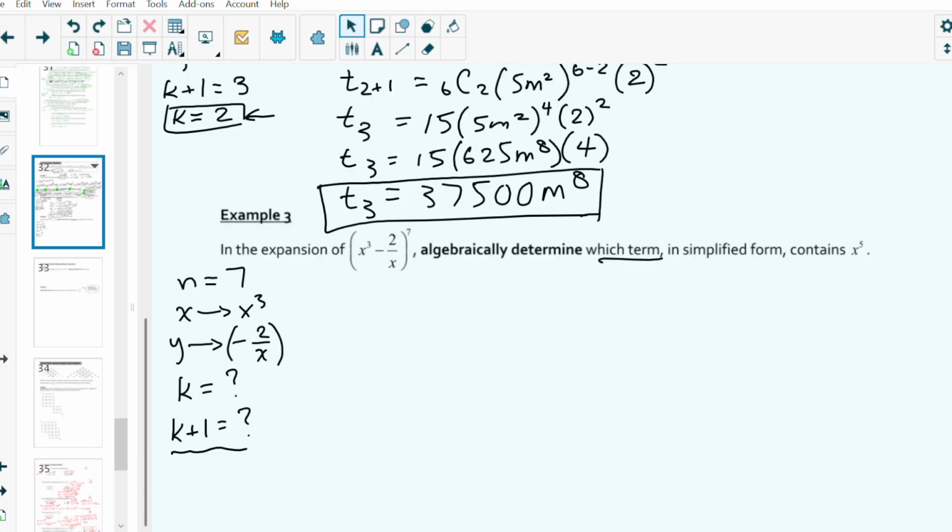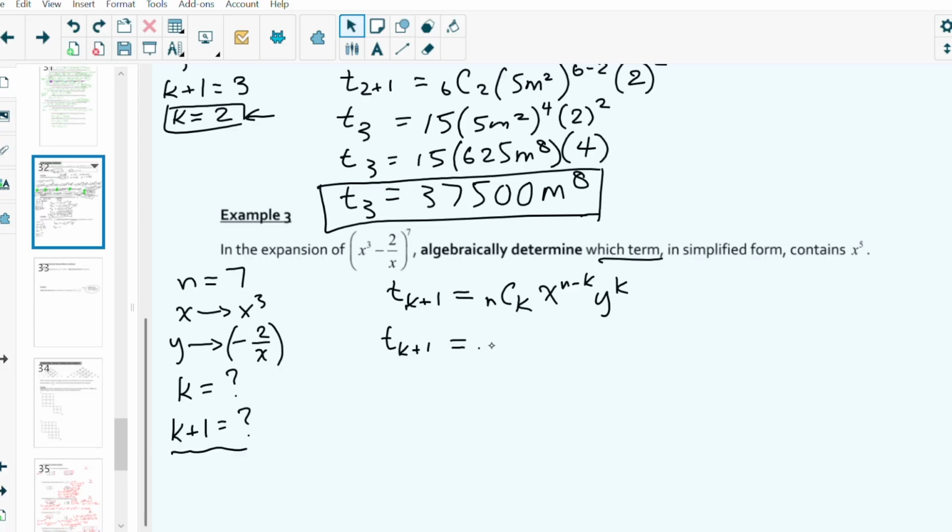So let's think about our formula, okay? T to the k plus 1 equals nck x to the n minus k y to the k. Let's start plugging everything in. I'm going to leave tk plus 1 as is. That's what we're solving for.